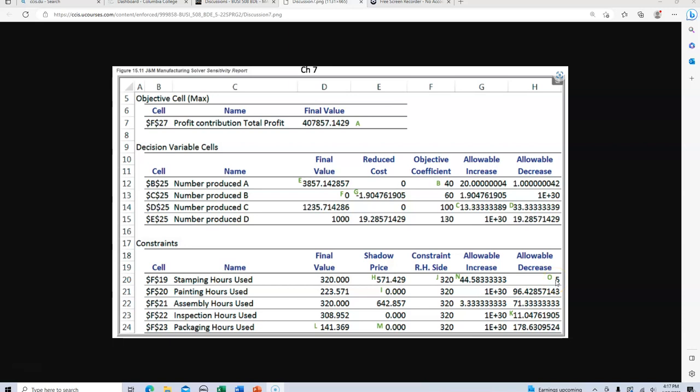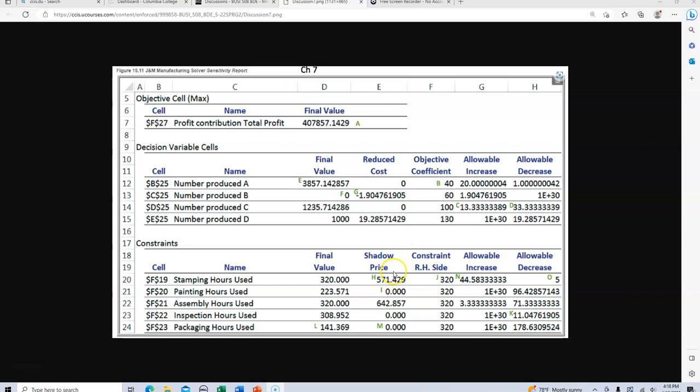So if I lost a total of 5 hours, 5 times 571 is about $2,800 that you would lose. So anytime you think about a number of hours within 5 below or 44 above, the shadow price applies. Anything outside of that, the model would have to be resolved.